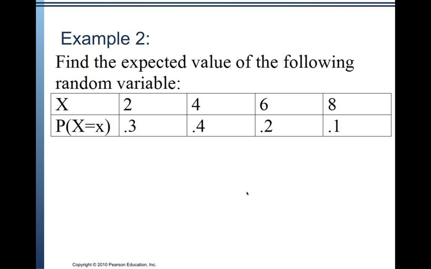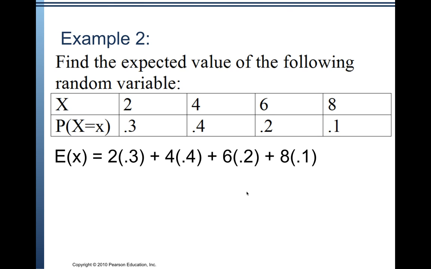Again, we find the expected value by taking each value and multiplying by its probability. So 2 times 0.3, 4 times 0.4, 6 times 0.2, 8 times 0.1, and we add all that together, and we get an expected value of 4.2. There'll be a problem similar to this on the Math Excel assignment.